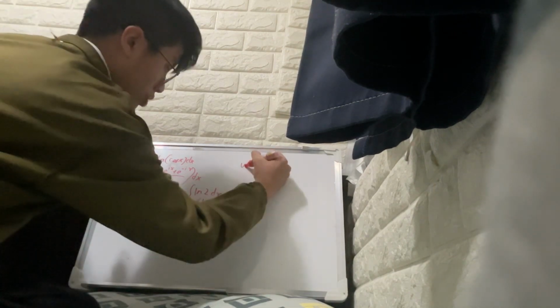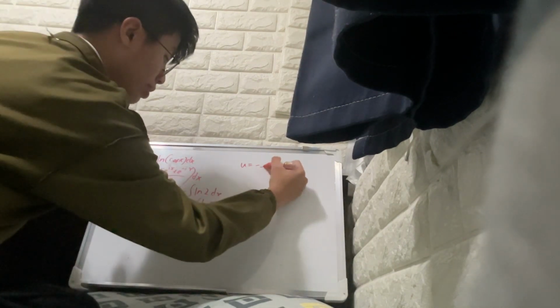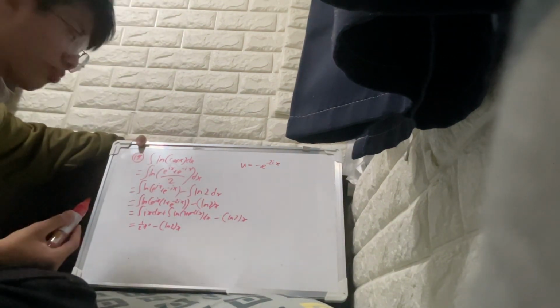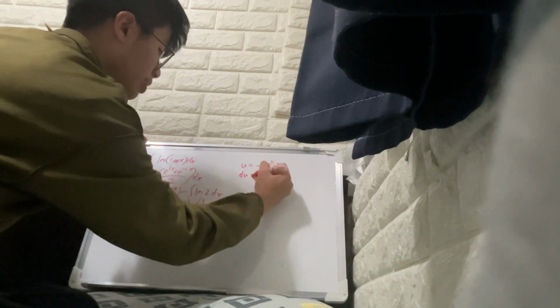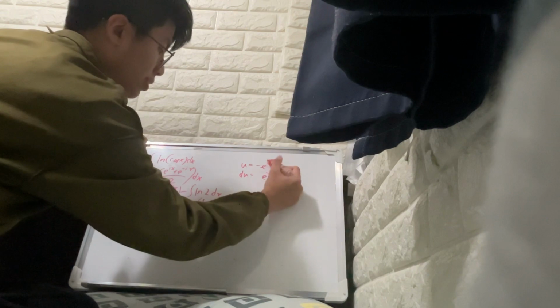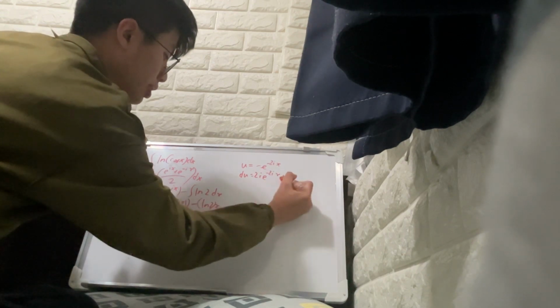So let me just use our substitution. Let u is equal to negative e to the power of negative 2ix. So our du will be equal to e to the power of negative 2ix, and then multiplied by this, because of the chain rule you get 2i dx.